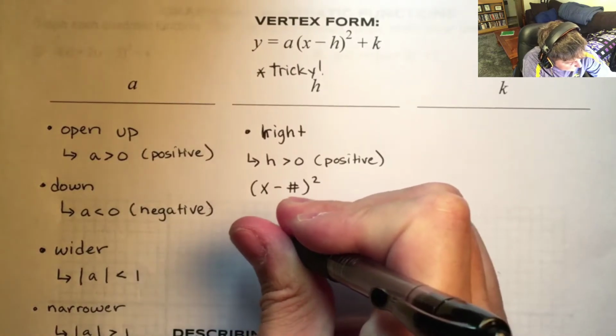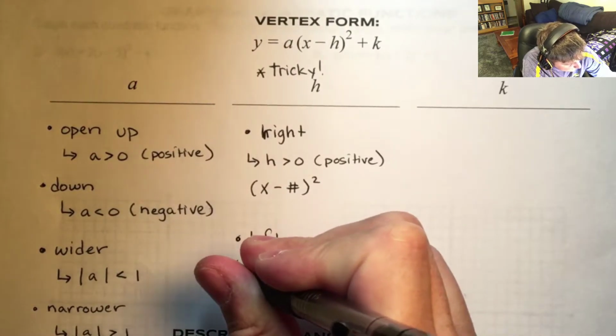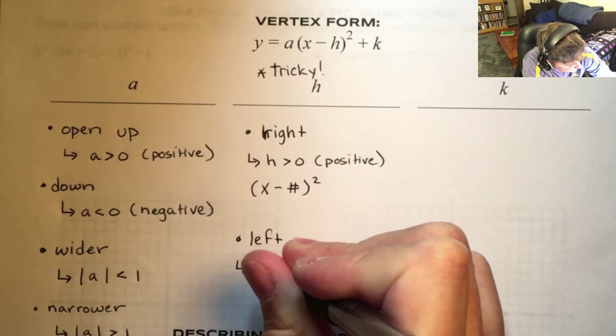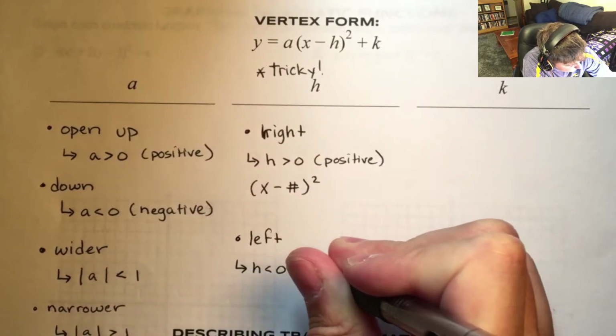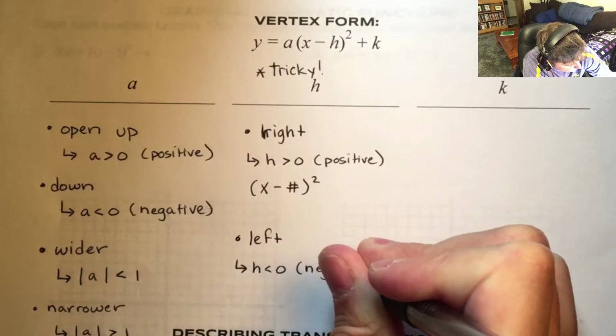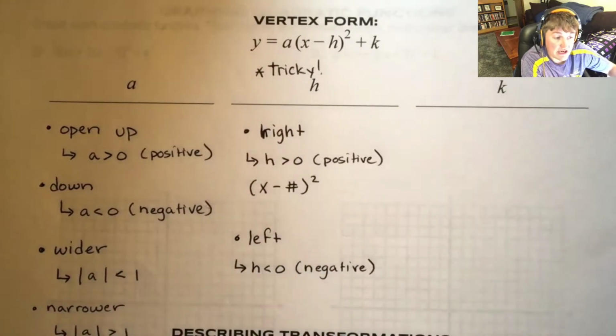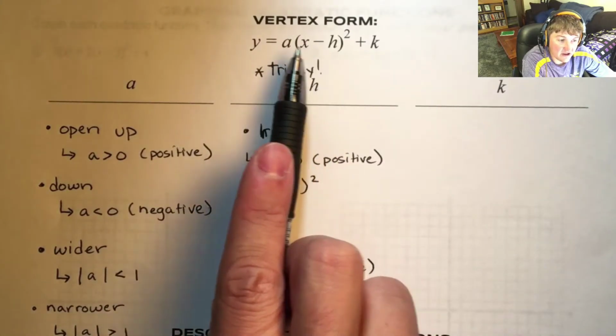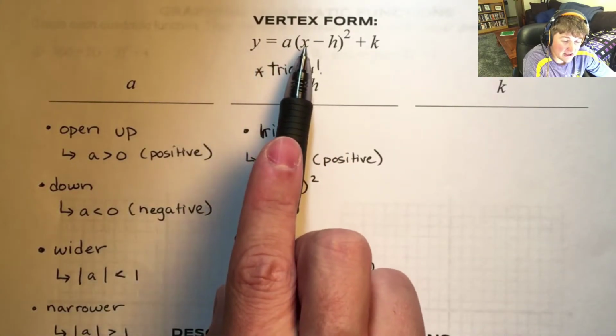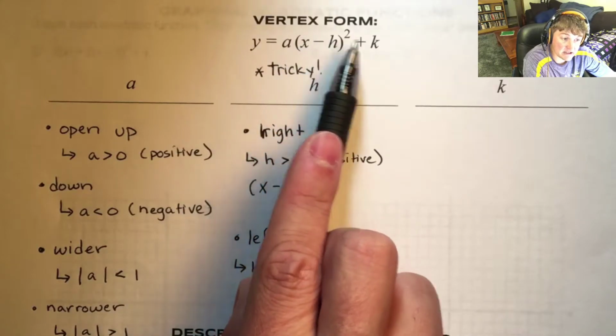It will move it to the left when my h is less than 0, meaning it's negative. So let's think about what if h was negative 2. That would move it to the left. What is that going to look like in the function? It's going to say x minus negative 2.